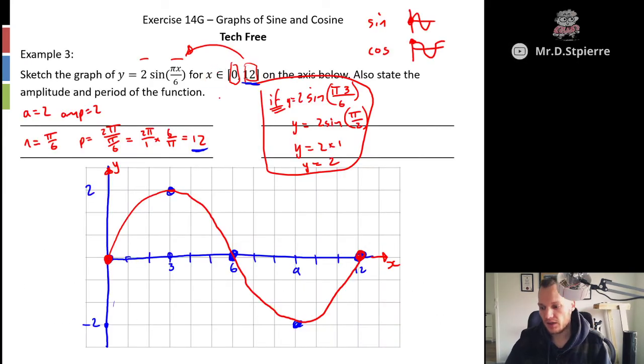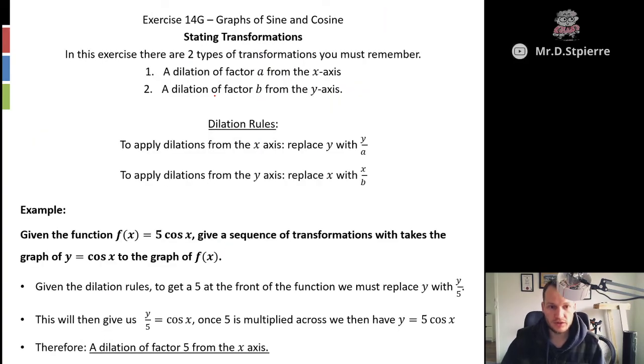The only other part of exercise 14G, and I apologize, this video has already gone on for half an hour, is identifying transformations, or stating the transformations required to go between one function and another. So we might have one function of y equals sine x, and we want to go to y equals 2 sine x on pi.